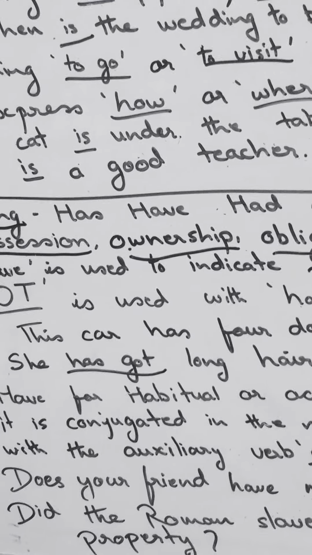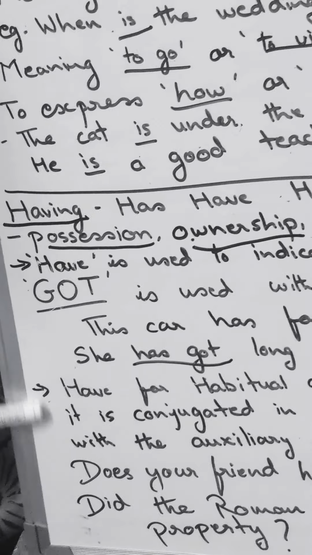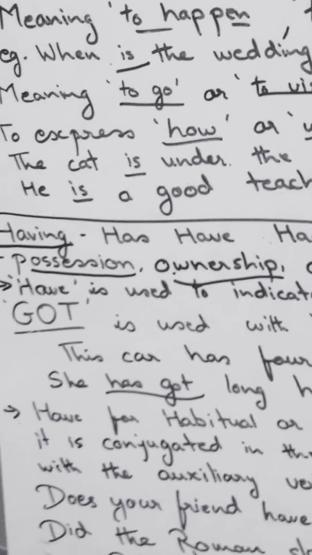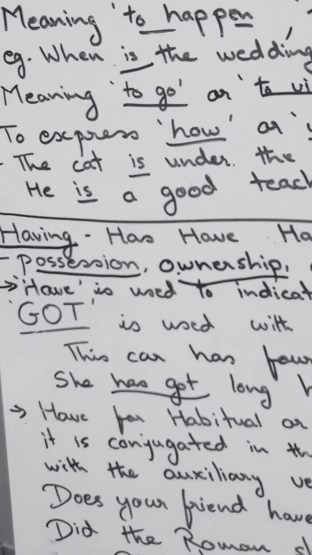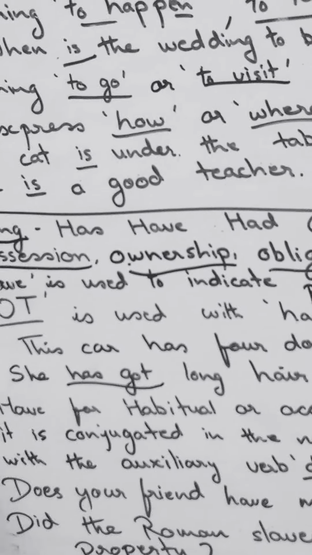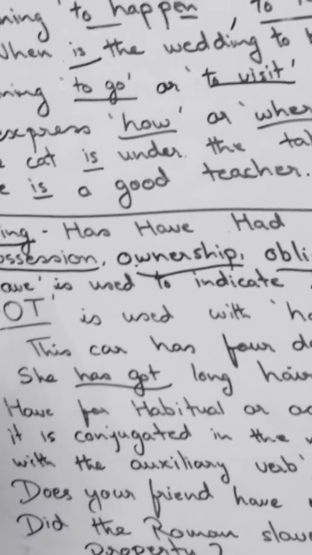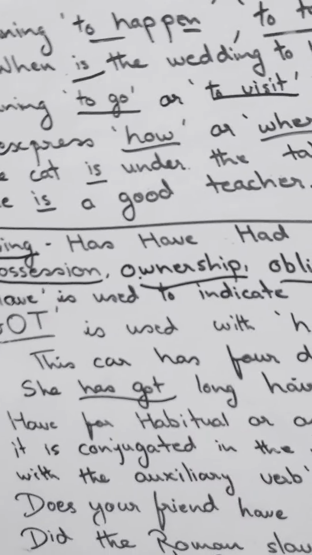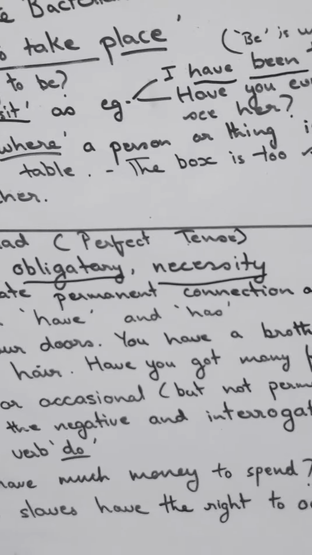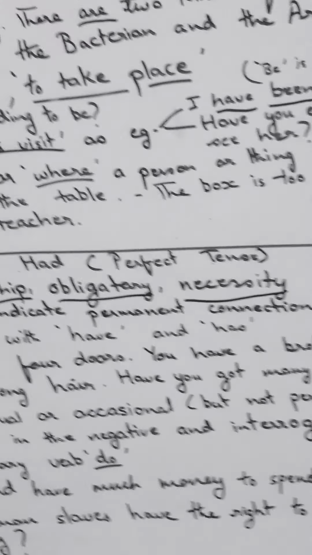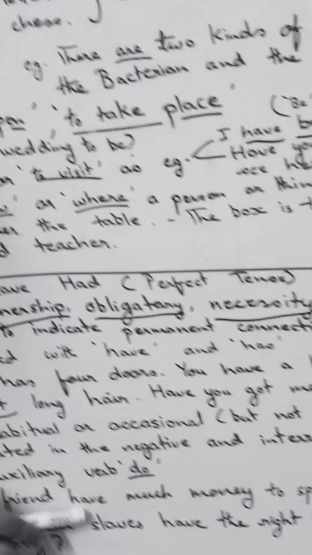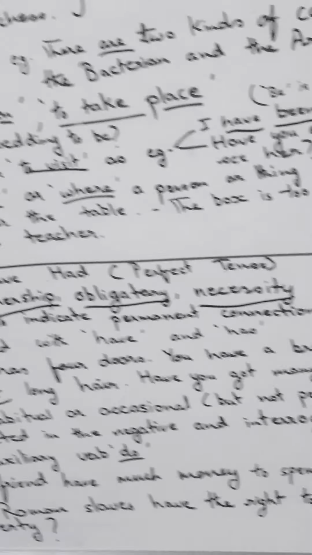Please, I would like your attention here very clearly. When have comes, I'm not talking about has or had, because only have can come with do, does, did to form interrogative sentences or negative sentences, then we use this combination. I start: Does your friend have much money to spend?